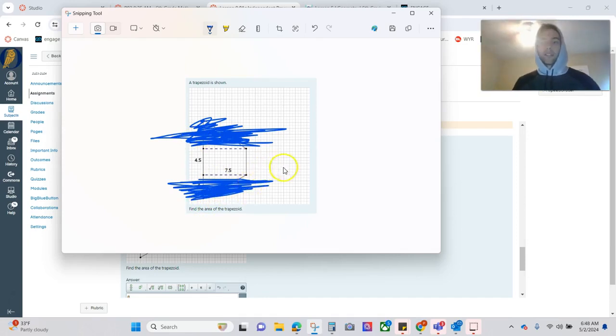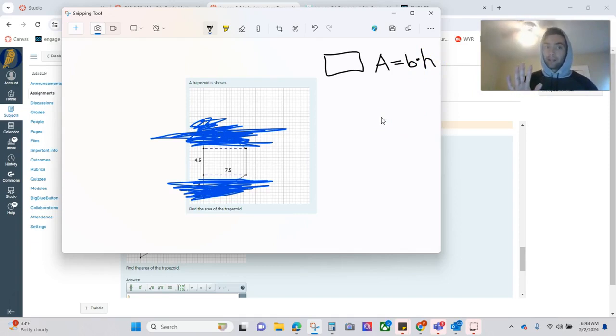We just got a rectangle. Perfect. To find the area of a rectangle, we use the formula base times height. What is the base and what is the height of this trapezoid?